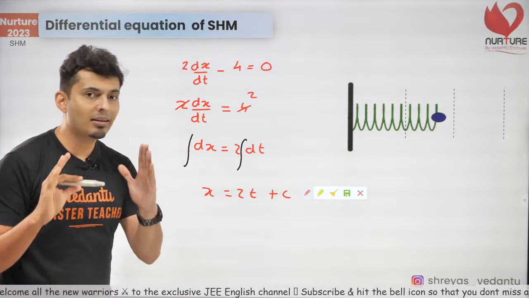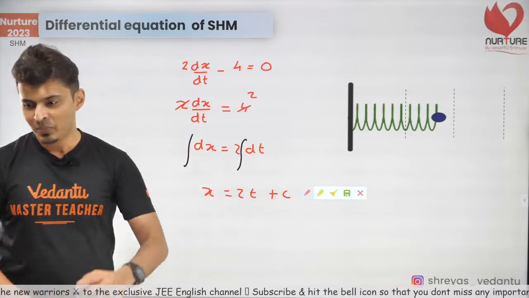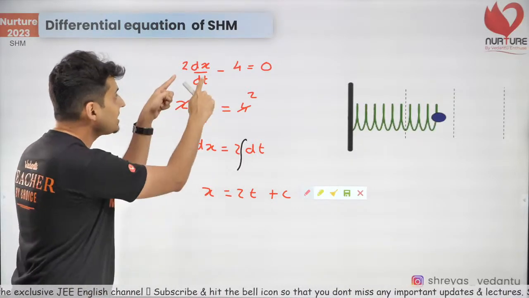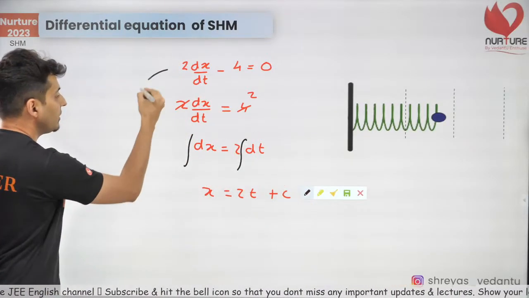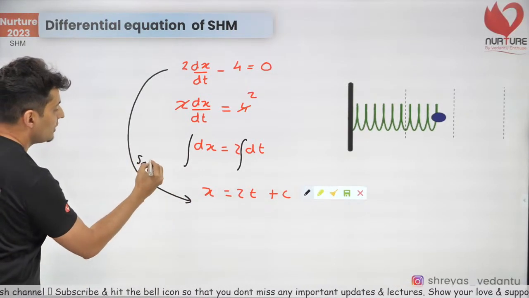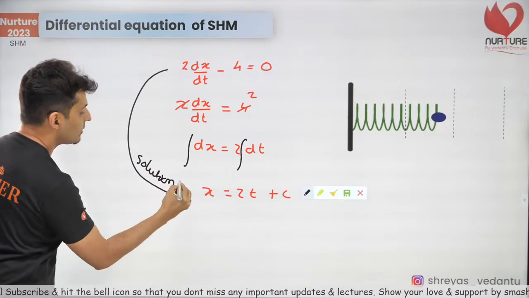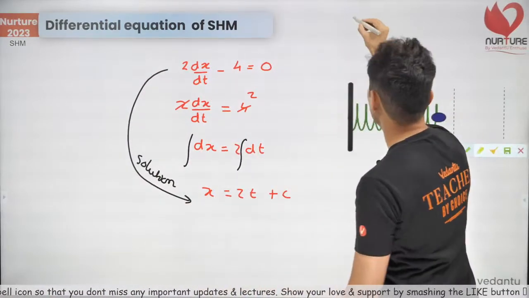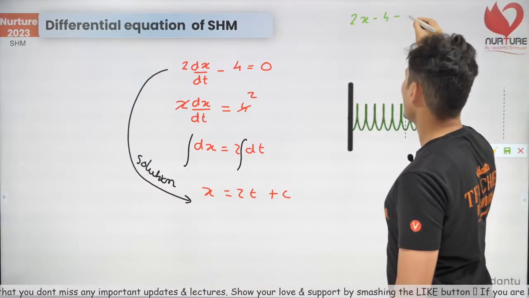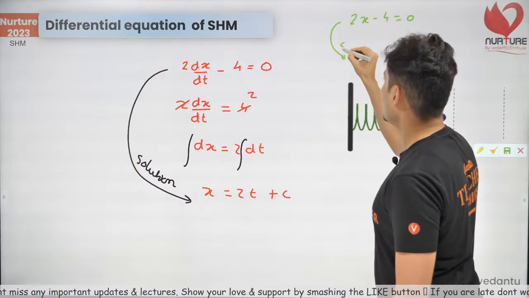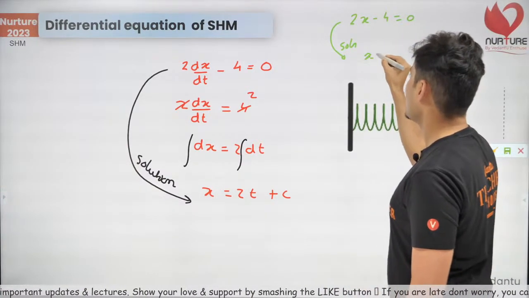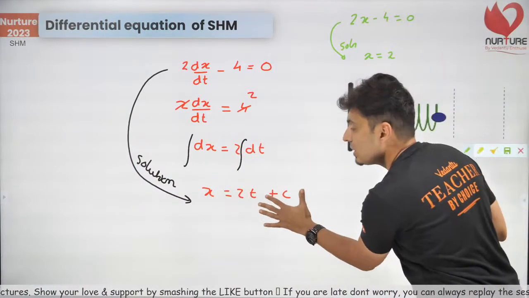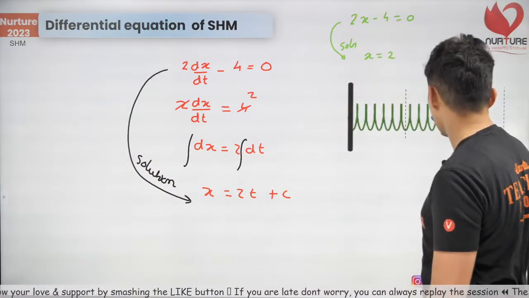The interesting thing to note over here is that the solution of a differential equation is not a number. Try and recollect, just before this, 2x minus 4 was 0. The solution of that equation was x is equal to 2, which was a number. This is not a number, this is a function. Do you see that?